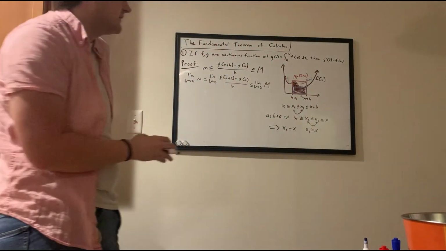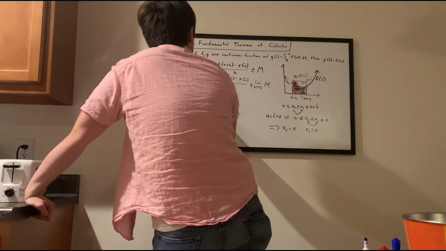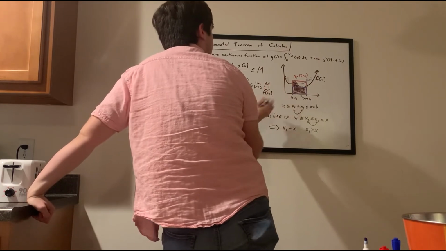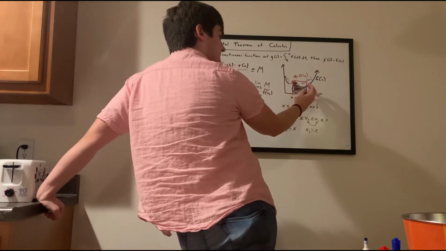So, if we come back to our picture, if we remember that little m is f of x1, and big M was our f of x2, and we're considering the limit as h approaches 0, well, that brings those values down.